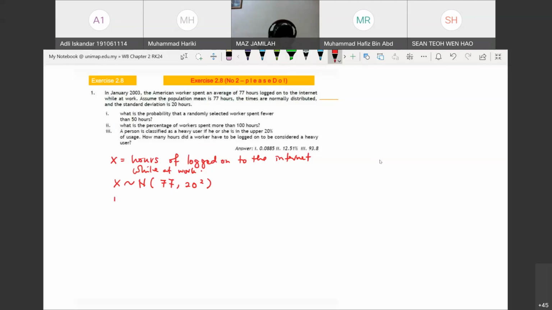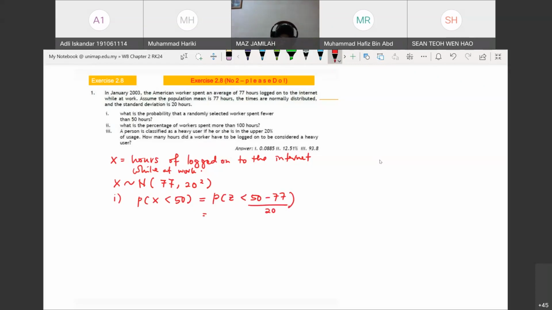First question: what is the probability that a randomly selected worker spends fewer than 50 hours? So P(X less than 50). In this case, the first step is the transformation. So P(Z less than (50 minus 77) divided by 20, the standard deviation).